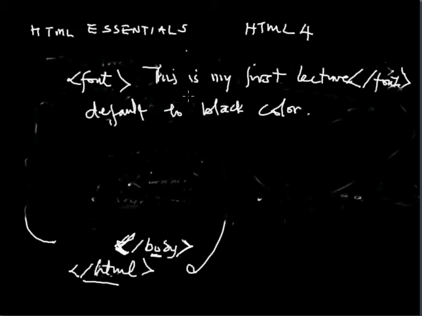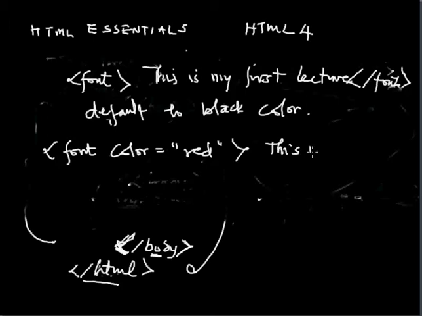So if you want to change the color of this is my first lecture, you can just say font color is equal to red. This is my first lecture, and I'll close it with this font.